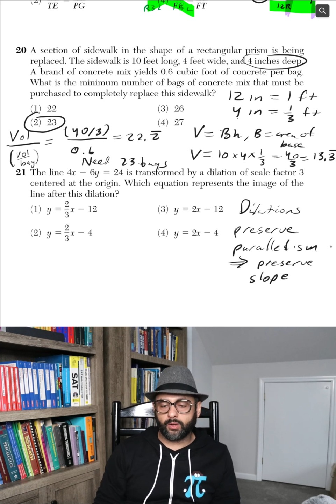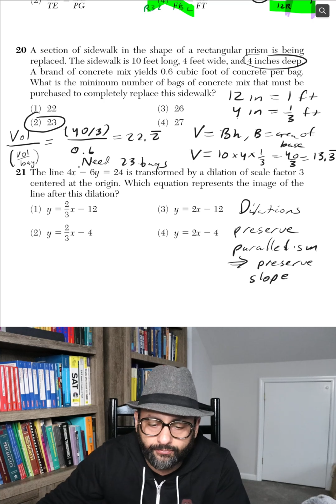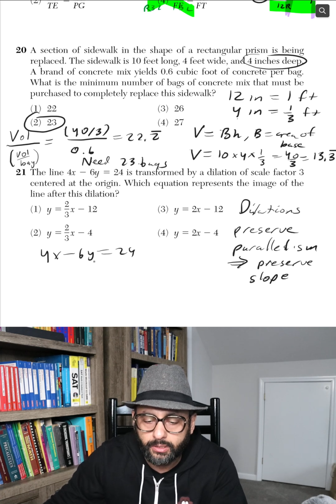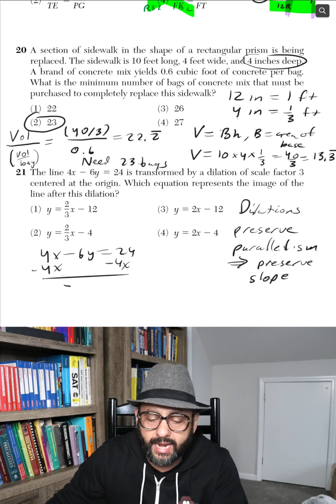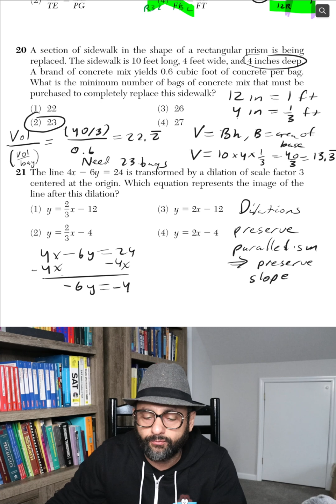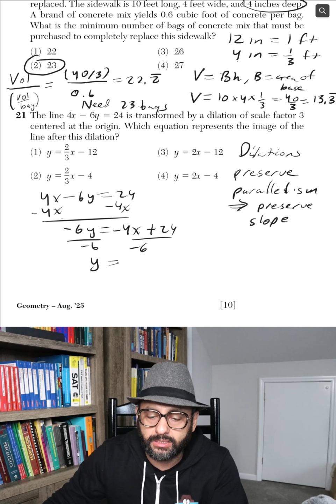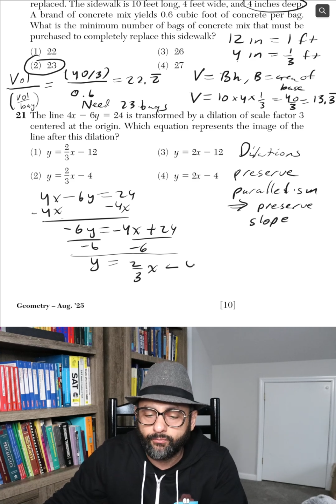So one way I could do this problem is by starting off by solving for y. 4x minus 6y is equal to 24. If I subtract 4x, I get that negative 6y is equal to negative 4x plus 24. Divide by negative 6, and I get that y is equal to positive 2/3 x minus 4.